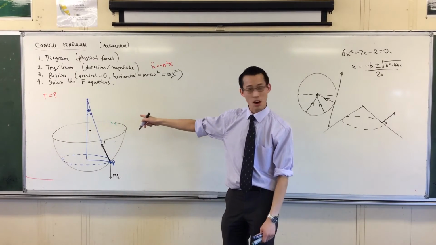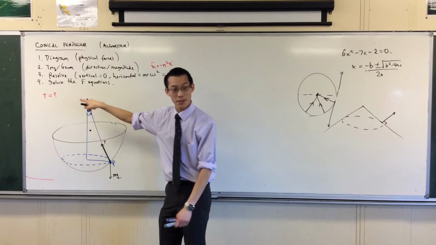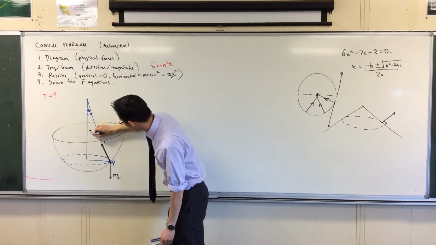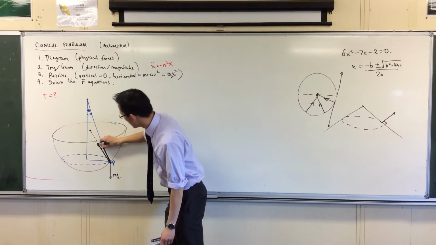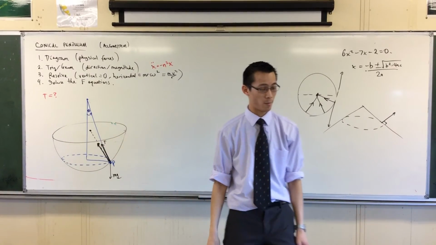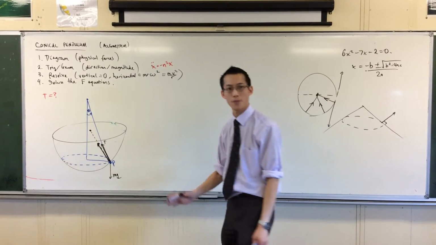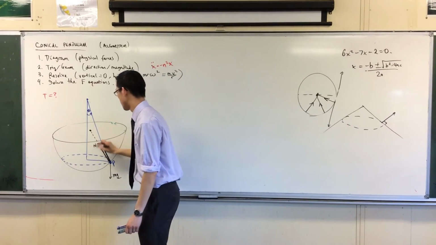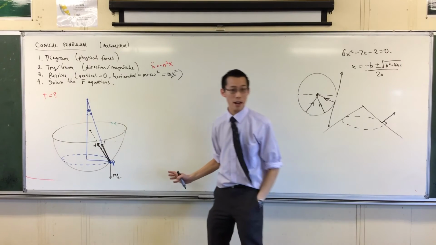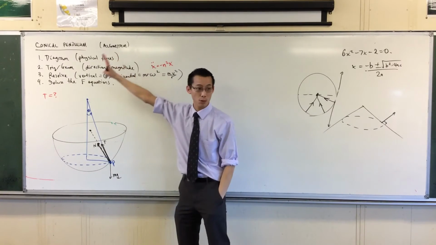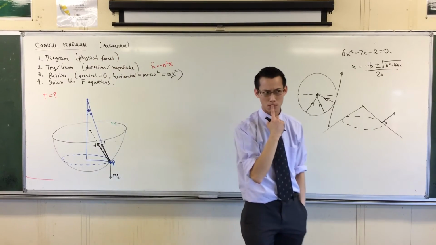So there's the center of that top surface, and along here, that is the direction that the normal force is going in, perpendicular to the surface of the ball. Okay. So, am I done with my diagram? Have I accounted for all the physical forces?